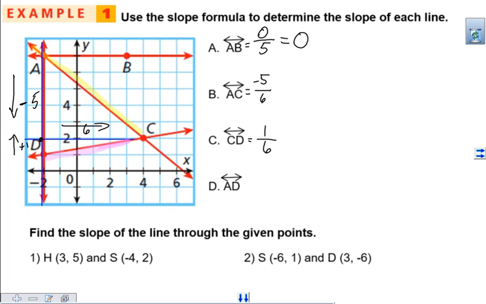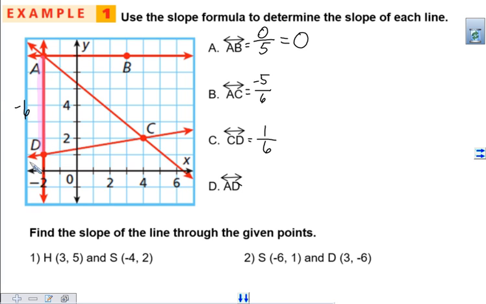Okay, and then we are going to look at our last line here, which is line AD. Now, to go from A to D, are we going left or right any? No, but we are going down. So first, down from A to D, 1, 2, 3, 4, 5, 6.